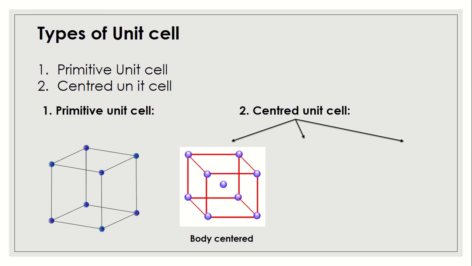The body-centered unit cell is denoted by the letter I. You can notice apart from the primitive unit cell, there is one more constituent particle present in the center. So this kind of unit cell is called a body-centered unit cell, where the constituent particle is present in the center of the unit cell.